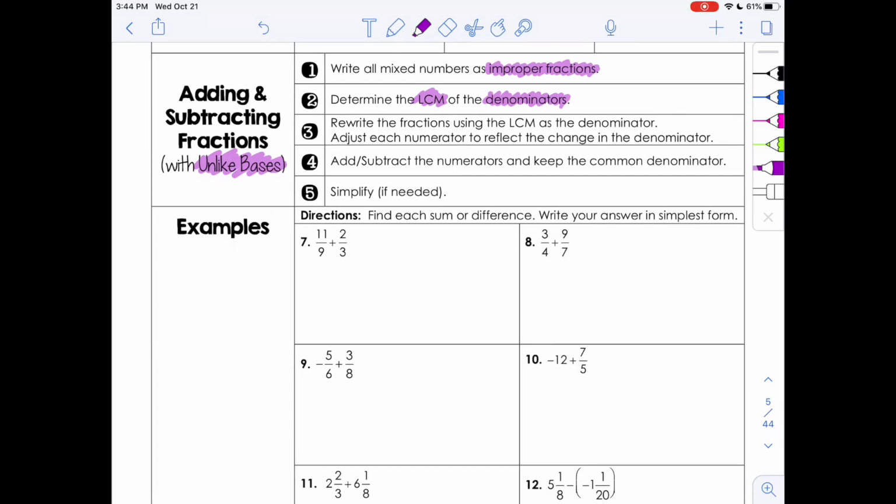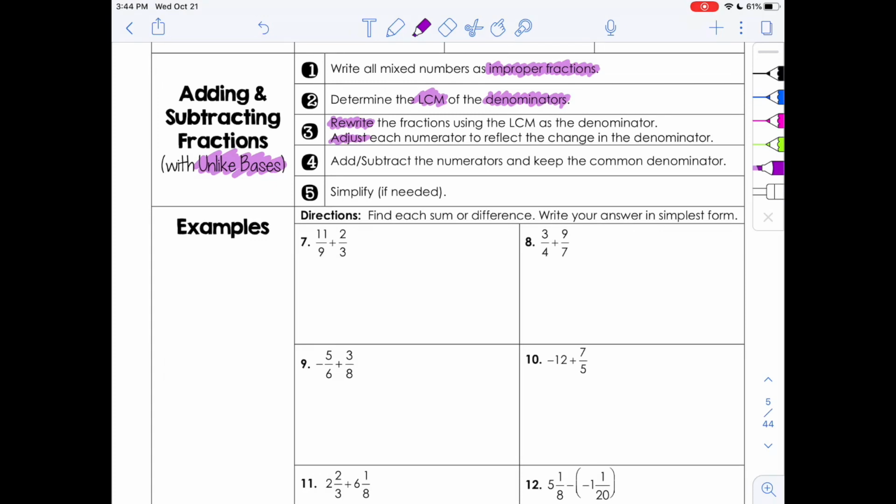Once you've determined that least common multiple, you're then going to rewrite the fractions using that least common multiple. And when we rewrite it, the denominator changes, so we must also adjust our numerator to reflect that change. After this step, you should have common denominators.